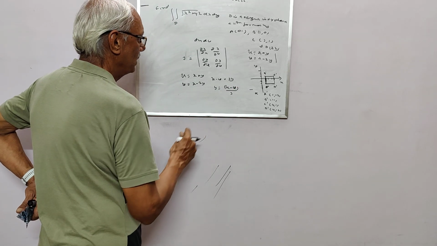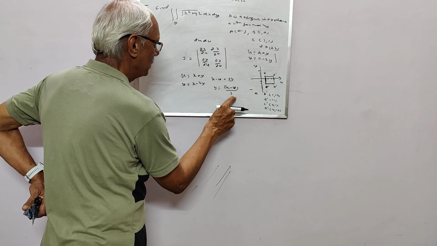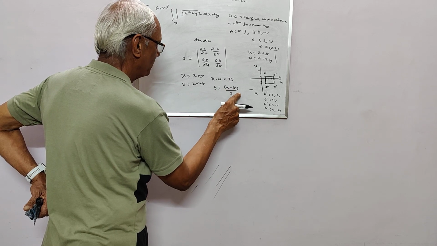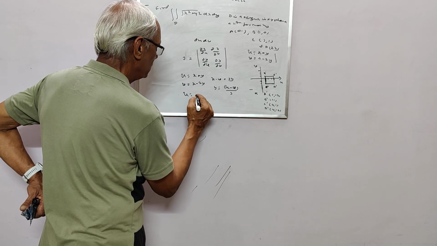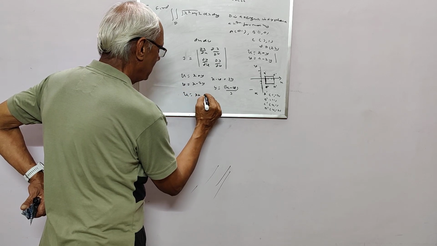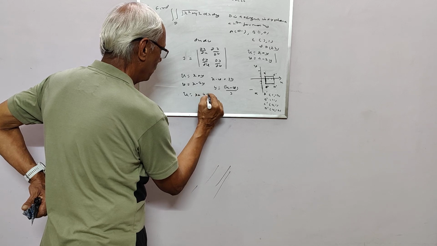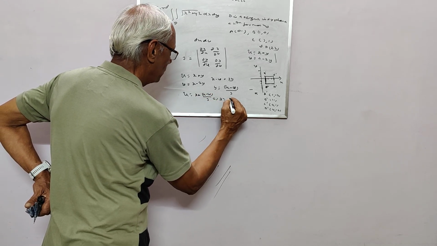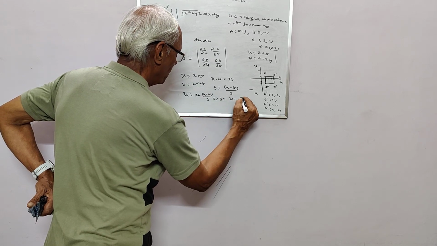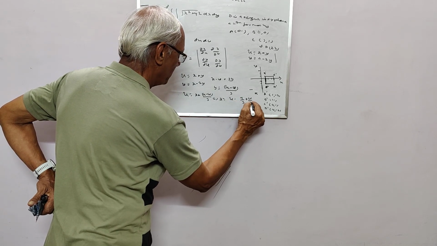Now you substitute here. U is equal to x plus u minus v by 3. So this implies x is equal to u minus u by 3 plus v by 3.